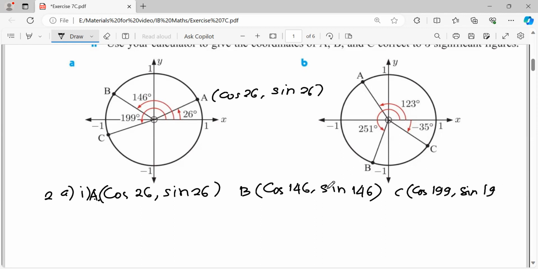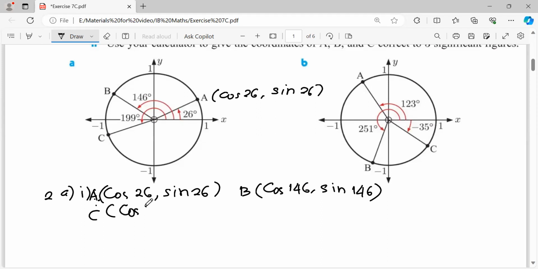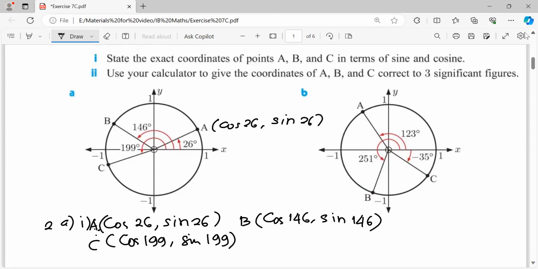That's the answer to part 1: state the exact coordinates of the points in terms of sine and cosine.